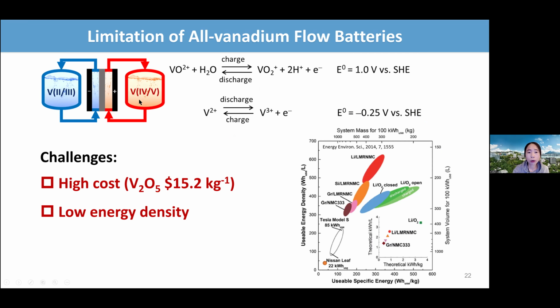Vanadium 5, 4, and vanadium 2, 3 on the positive and the negative side. This battery system is quite mature, but it's limited by the high cost as well as the limited energy density. Right now, it's about 25 to 30 watt hour per liter, which is much lower than most of the other rechargeable battery systems.